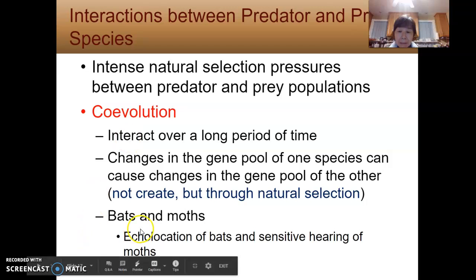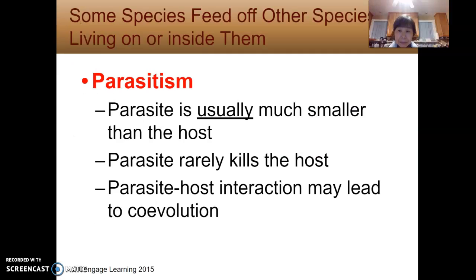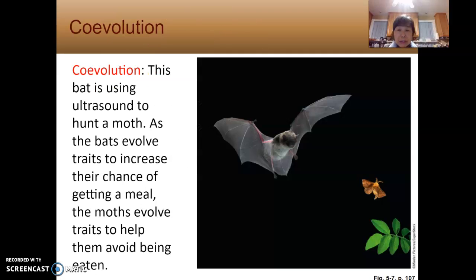For example, the pair of bats and moths. Bats try to get their food by echolocation. However, the moths also developed very sensitive hearing, so when the bats are nearby, they sense that and can run away. So you need to know the definition of co-evolution.